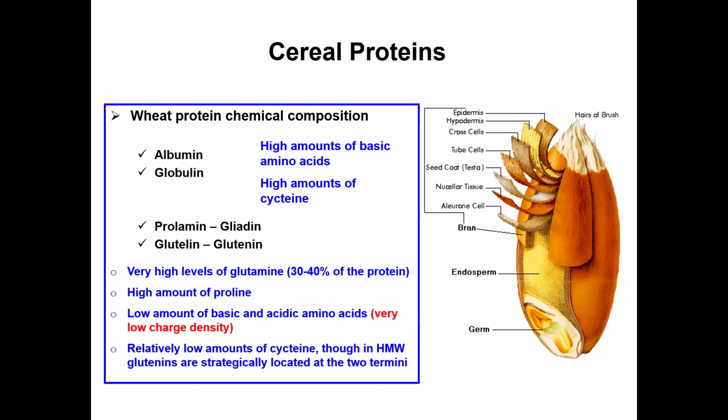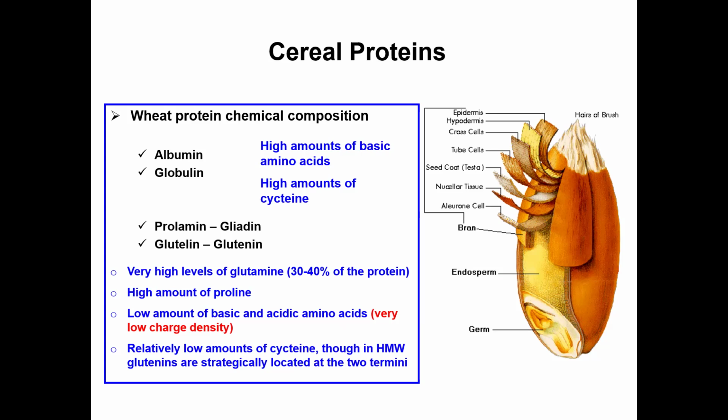The way that they are different from albumins and globulins, they have a high level of glutamine and a high amount of proline, hence the prolamin name. They don't have a lot of charged amino acids. That's why at pH 7, they're really not soluble. So you have to go very high in alkalinity or very high in acidity for them to become slightly more soluble.